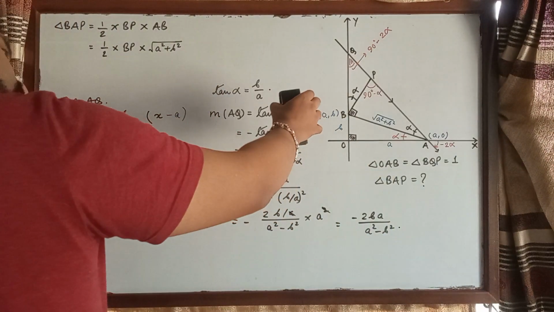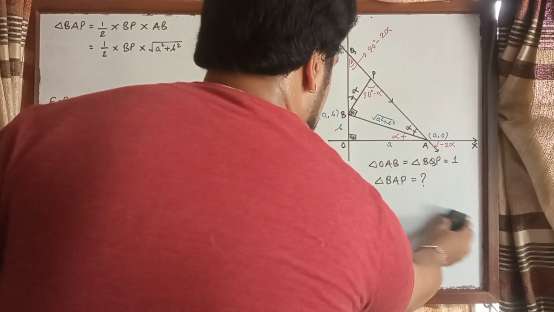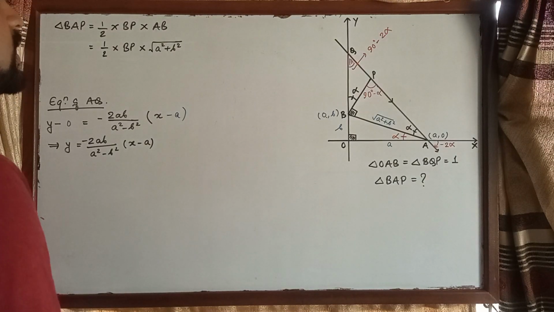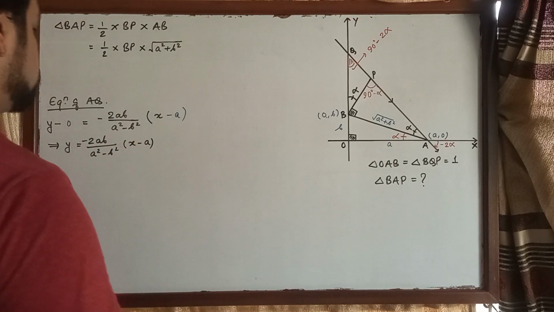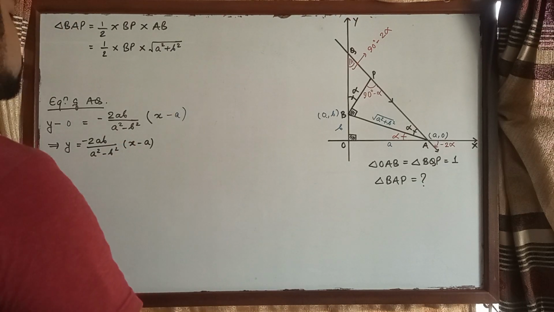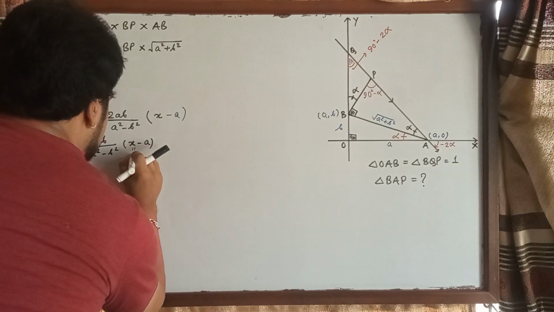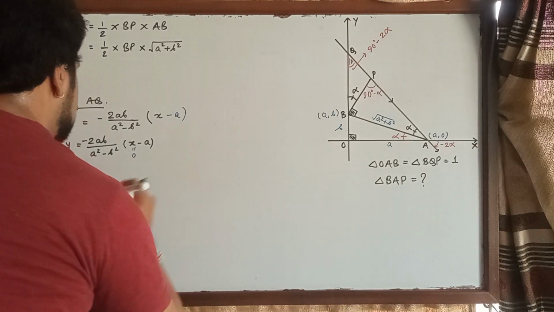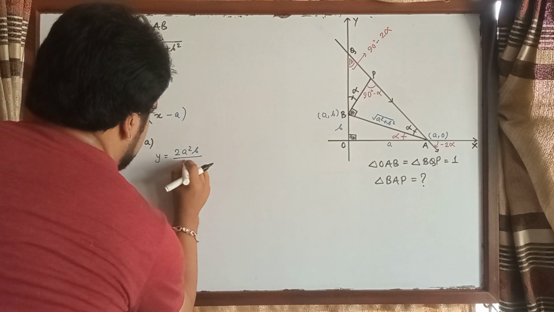Next, this is the equation of AQ. Now let's find the coordinates of Q. For the coordinates of Q, we put x equal to 0 and therefore obtain y equals twice a squared b over a squared minus b squared.